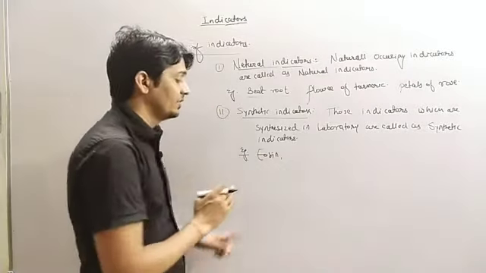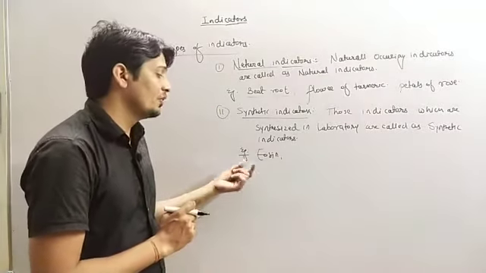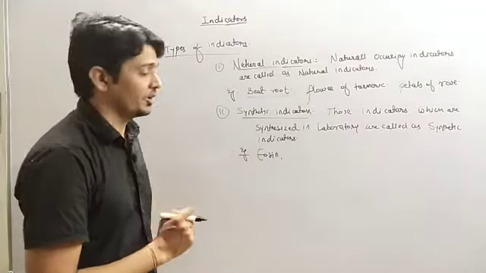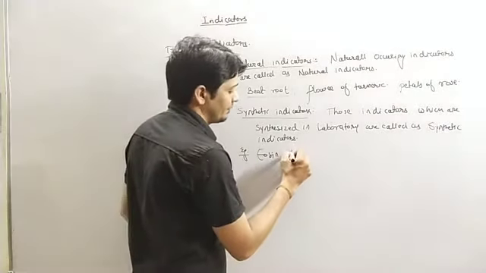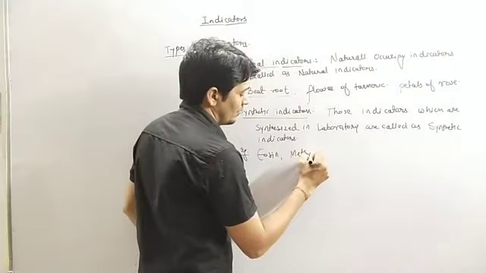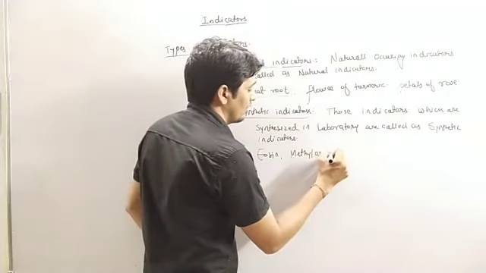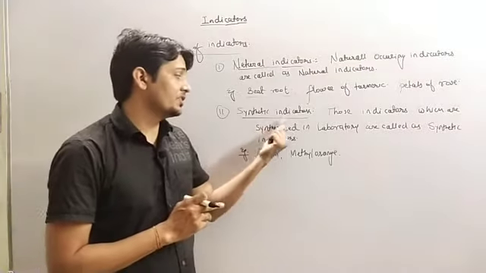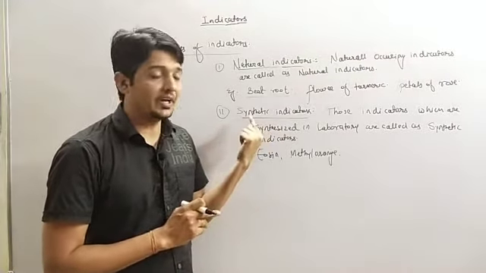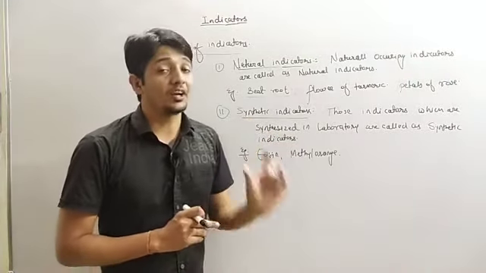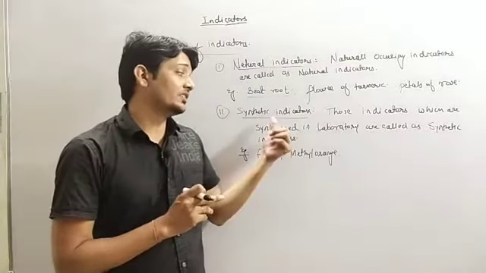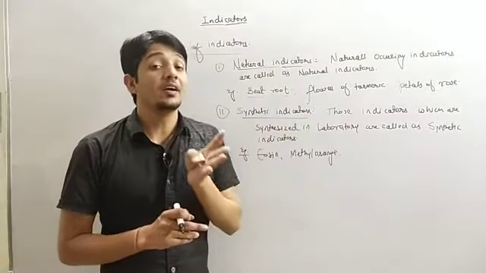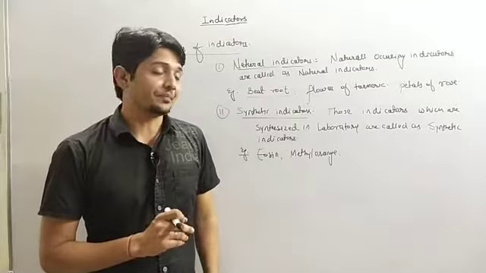Eosine is the indicator which is synthesized in laboratory. Then we have methyl orange. Methyl orange is also the indicator which is synthesized in laboratory. Okay, so such indicators are called as synthetic indicators when they are prepared in laboratory.